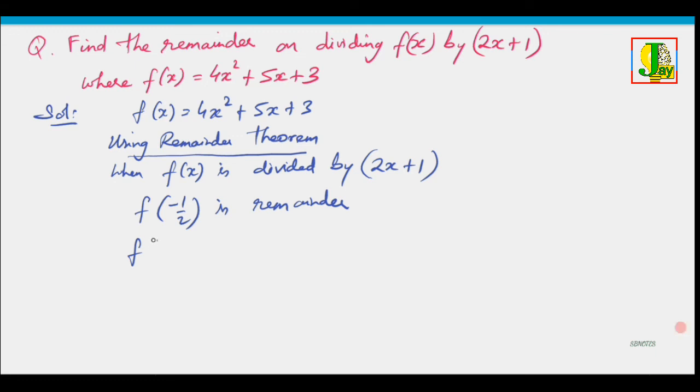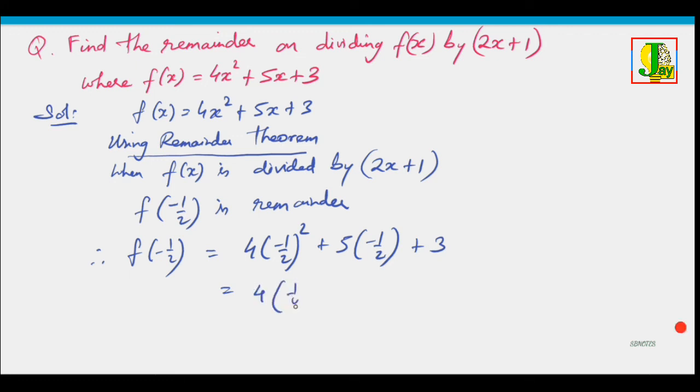So f of minus 1 by 2 equals 4 into minus 1 by 2 whole square plus 5 into minus 1 by 2 plus 3. That is 4 into 1 by 4 plus minus 5 by 2 plus 3.